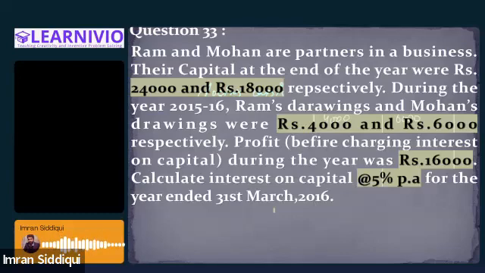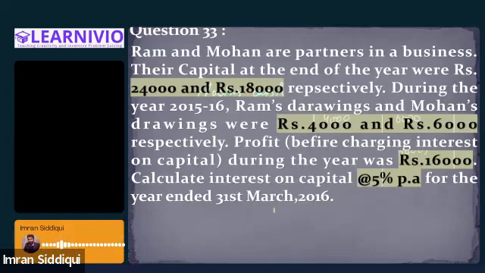I mean, the profit has already been added, and their capital includes the amount of profit. So we'll subtract the amount of profit. I'm presuming that profit must have been distributed equally. So 16,000, if distributed equally, means both the partners must have got 8,000 and 8,000.